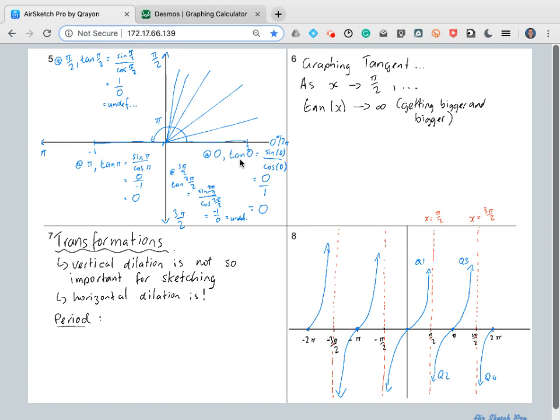If I pick any value here, to get to the same value on the graph, I only have to go over a distance of pi, and to get to that point again, another length of pi, etc. So the period of the parent graph is pi.